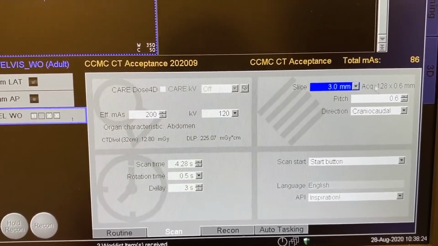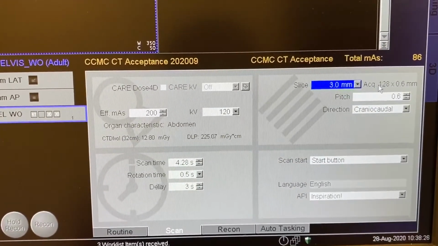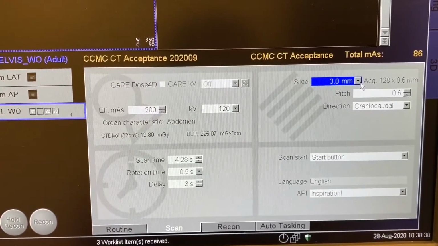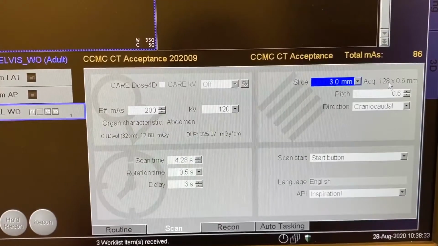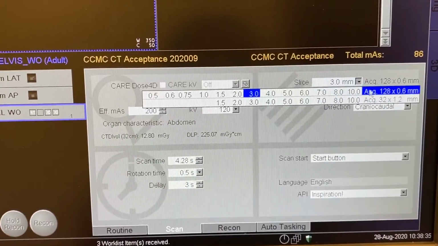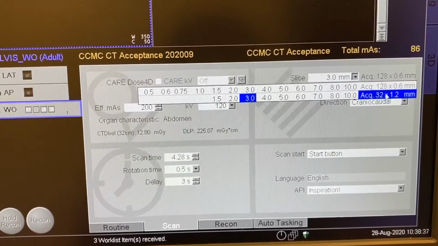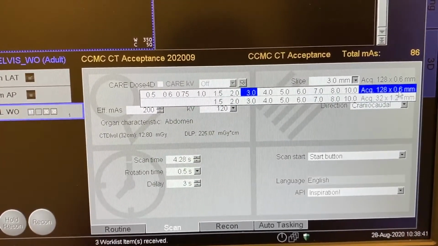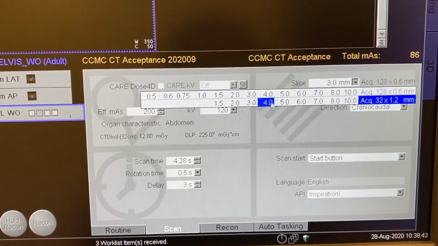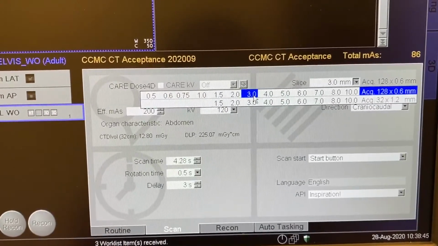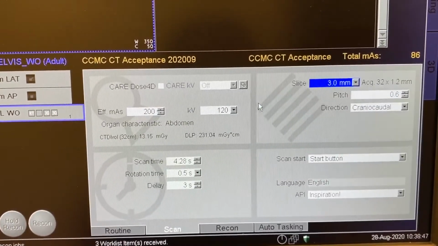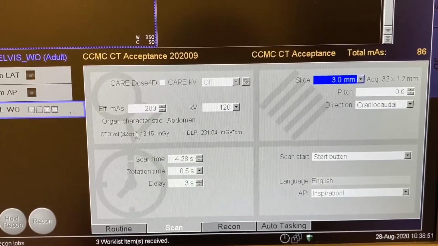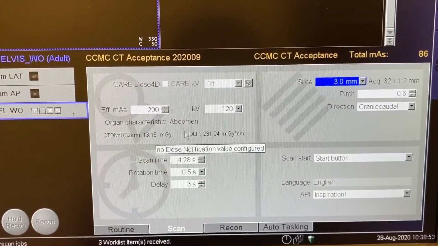This is a little bit confusing because I didn't introduce this concept. Although 32 times 1.2 is smaller than 128 times 0.6, it's actually a factor of 2. However, if you change that, the volume changed a little bit, but not much.